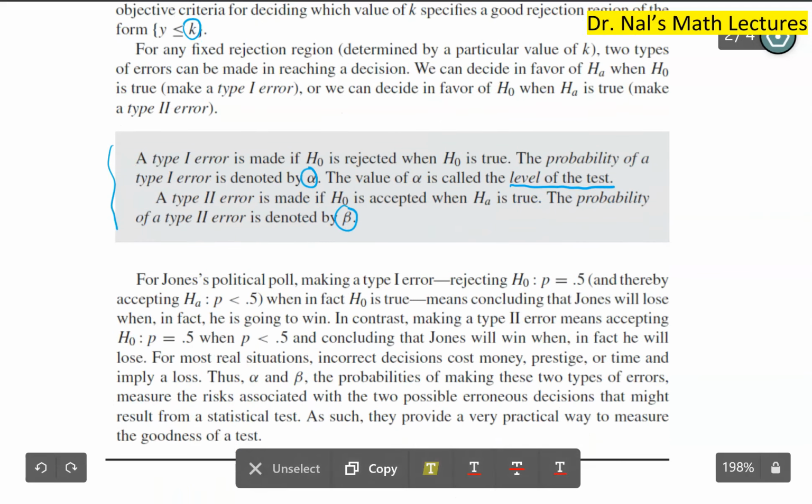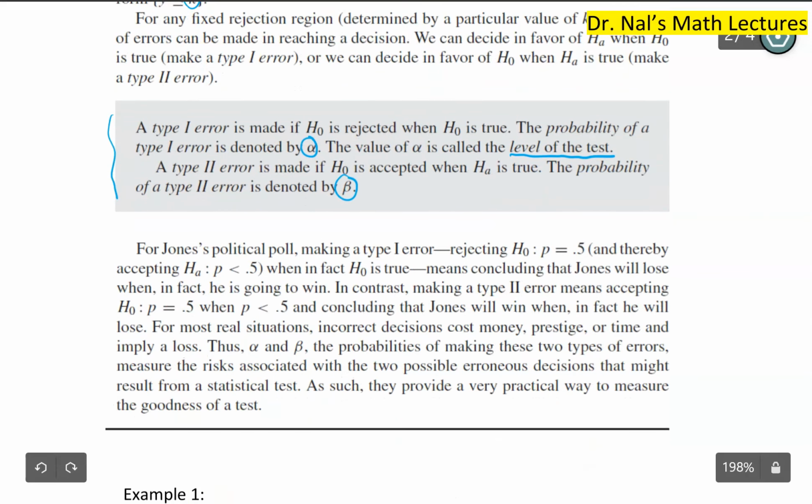All right, so let's talk about our example. For John's political poll, making a type 1 error of rejecting the null hypothesis, which was that Jones will get at least 50% of the vote, when in fact it was true, means concluding that Jones will lose when in fact he's going to win.